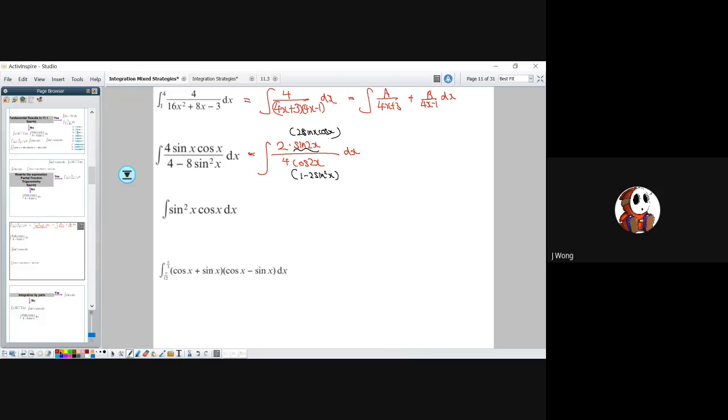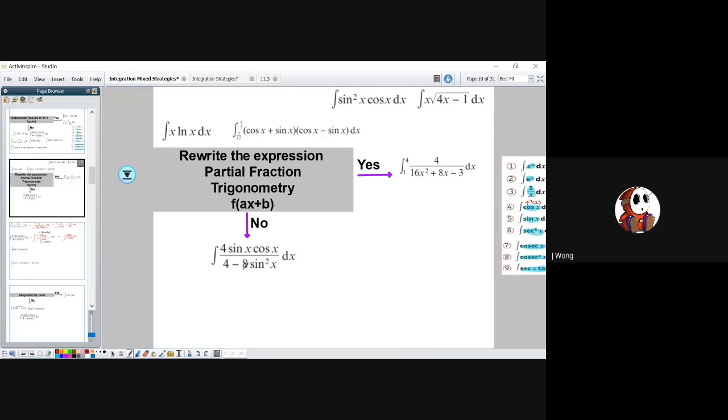This is the manipulation that you could do, where you could rewrite this integral into that. However, that won't help you at all, because our standard integrals do not have any fractions apart from 1 over x. That's why you couldn't really carry on with this approach. So unfortunately, no.